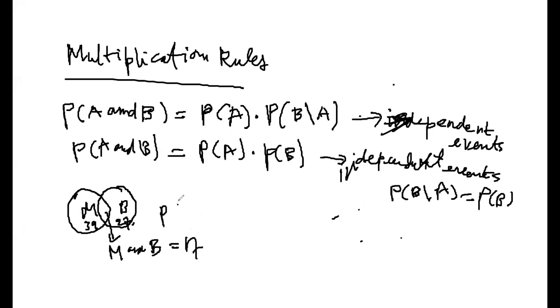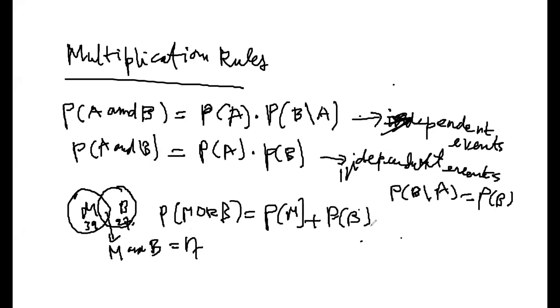To find male or code B, you need to add the probability of male, plus the probability of code B, and subtract the probability of male and code B.